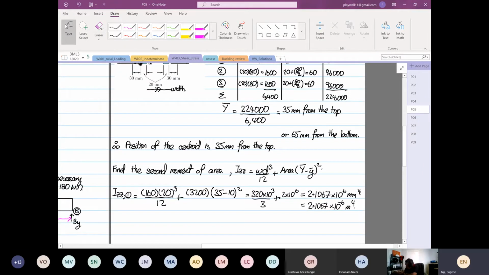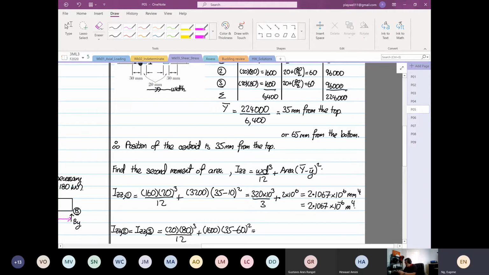So the second, IZZ2, is equal to IZZ3. I like to highlight that I cannot see the figure now, but I know that this is equal to 20 multiplied by 80 to the power 3 divided by 12, plus 1600 multiplied by 35 minus 60 squared.